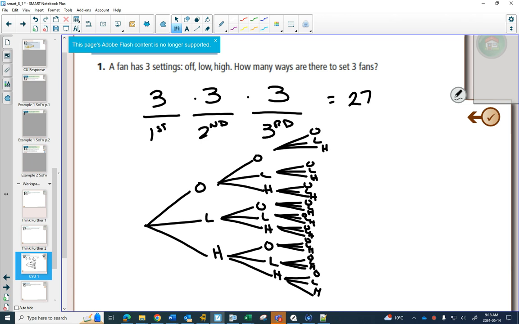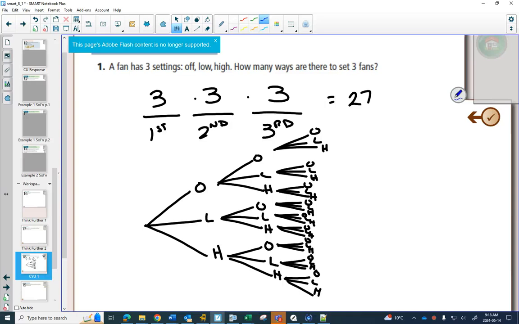And if we count how many branches are at the end, there's going to be 27 of them. There were 3 branches to start off with. Once we made our second decision, we have 9 branches. And the nice thing about this is if I ask you to list all the possibilities, now you can just go along your branches and actually list them.